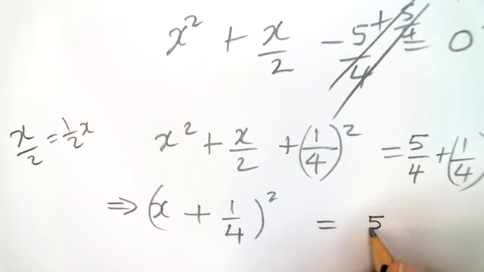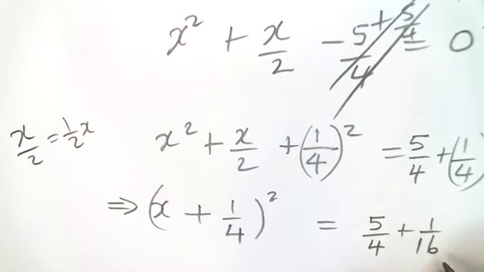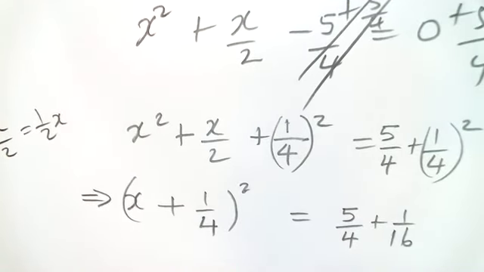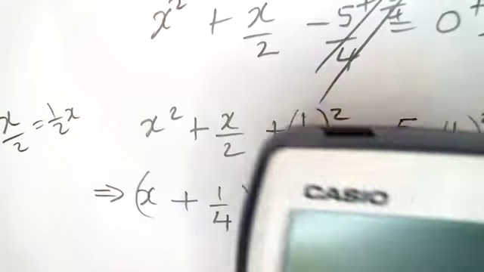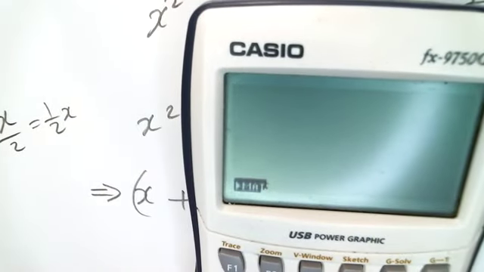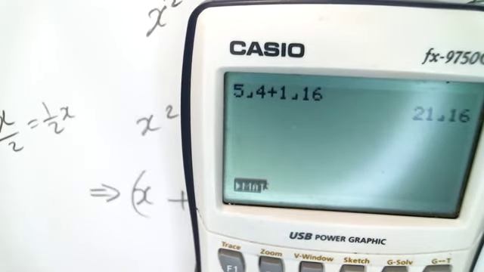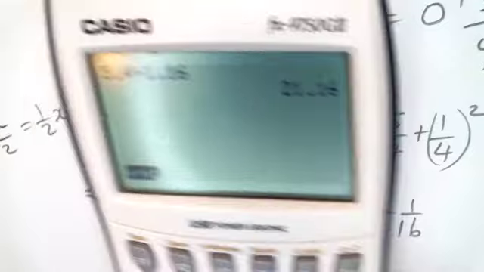So I've got 5 over 4 plus, well, this is going to be 1 over 16. A quarter squared is 1 over 16. All right, so 5/4 and 1/16, and I'll see it on the calculator. 5/4 plus 1/16. There it is, and we get 21/16.